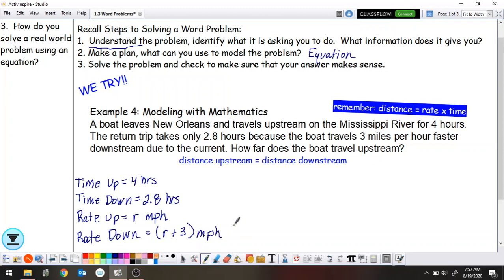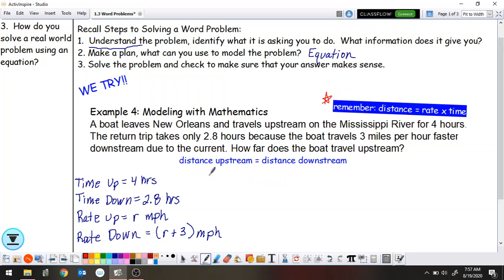Now, because we have this trip that we're taking upstream and then returning back downstream, that distance is the same both directions. So we're able to write an equation relating distance upstream to distance downstream, and we have this reminder that distance equals rate times time.